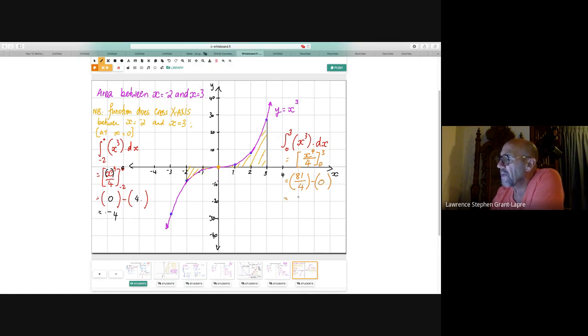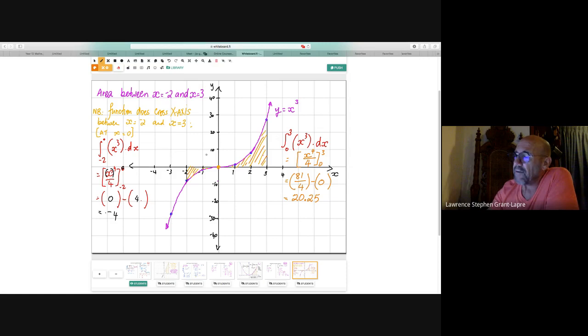So we've got 81 over 4, and that's 20.25. Here, we get a value of positive 20.25. Notice the area is above the x-axis, and we've got a positive value. Here we've got -4. Notice the area is below the x-axis, and we've got a negative definite integral.